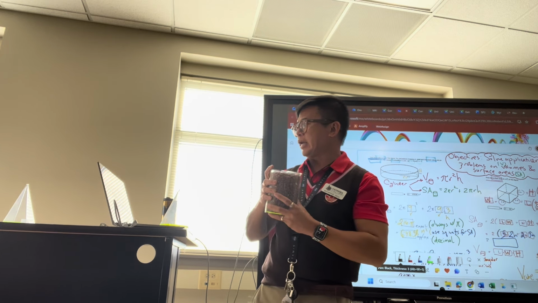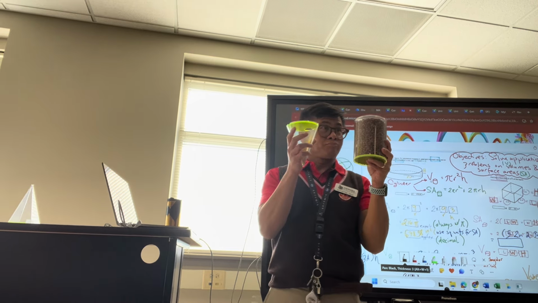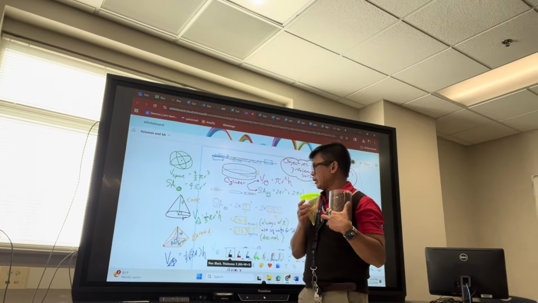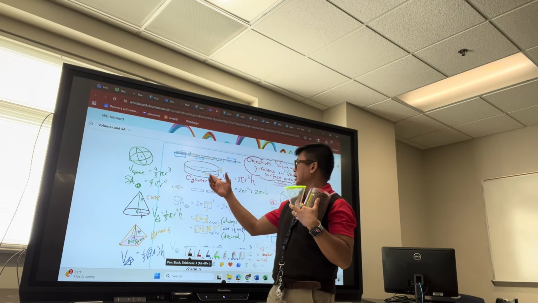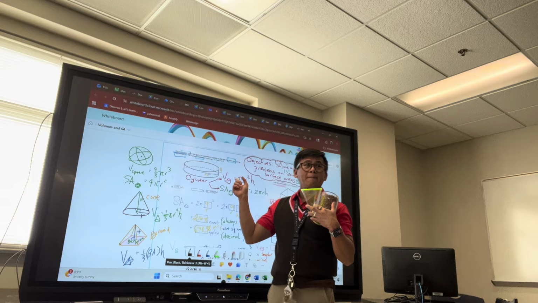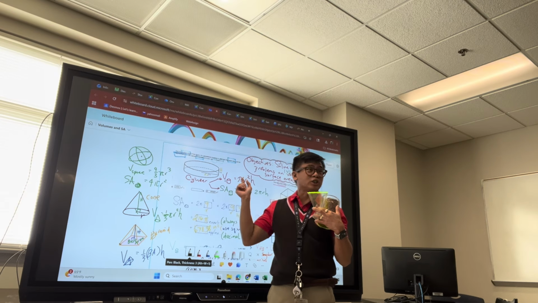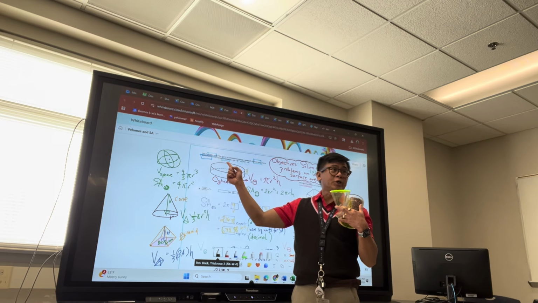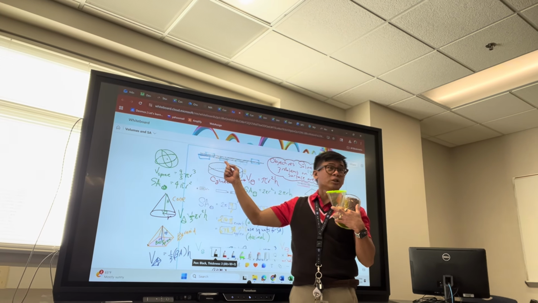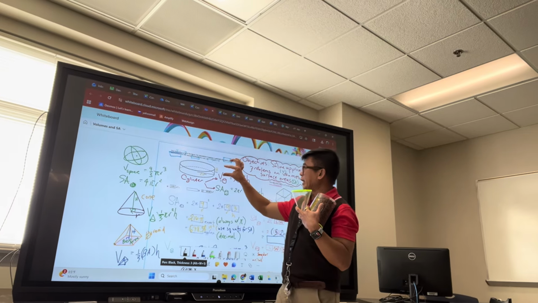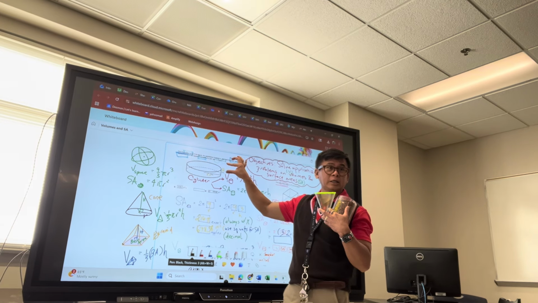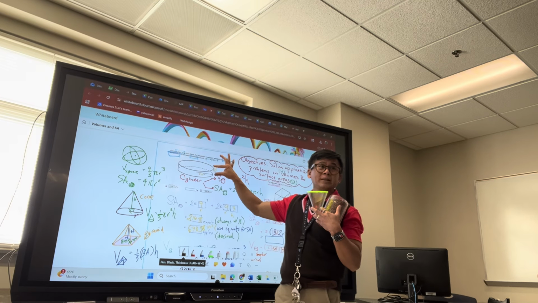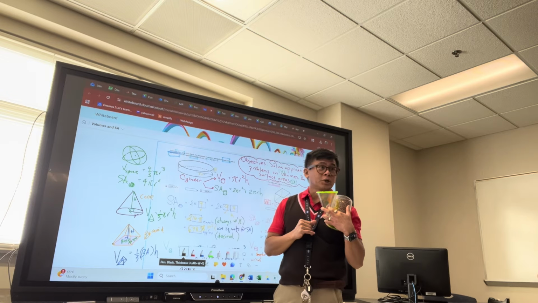How related are these two? As you may notice from the formula, for a cylinder the formula is pi r squared h. The pi r squared corresponds to the circular base on top or at the bottom, multiplied by the height, which is perpendicular to your circular surface.